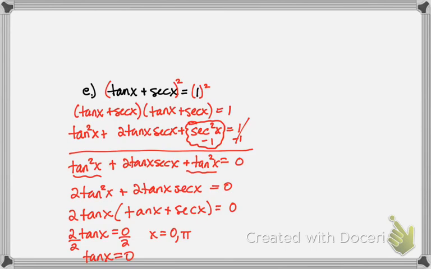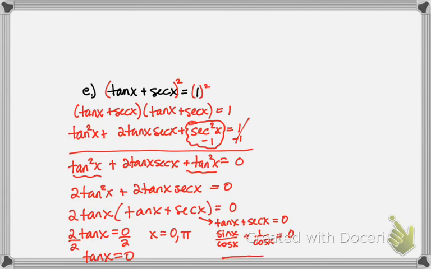Now, when I set this one equal to 0, tangent plus secant equals 0, that's going to be very similar to my original problem. And I'm going to have to use some identities here. So if I change tangent to sine of x over cosine of x and secant to 1 over cosine, then I have a common denominator.